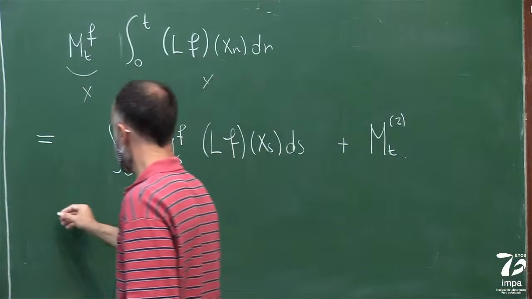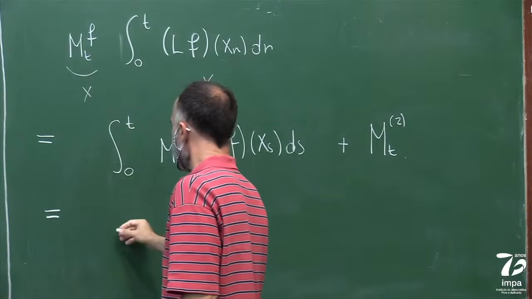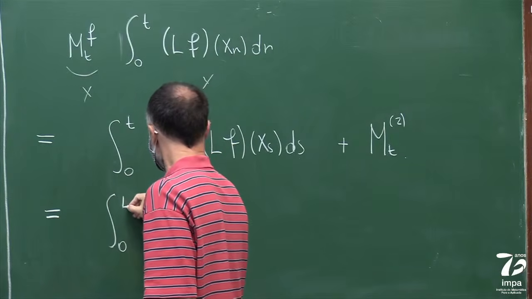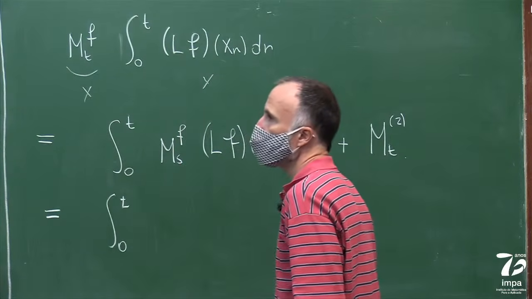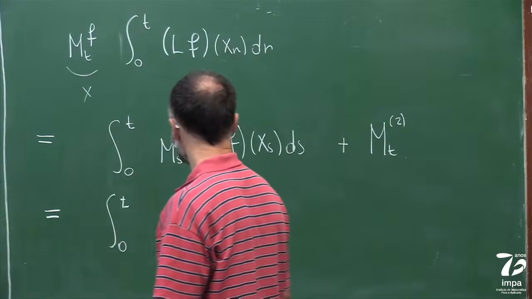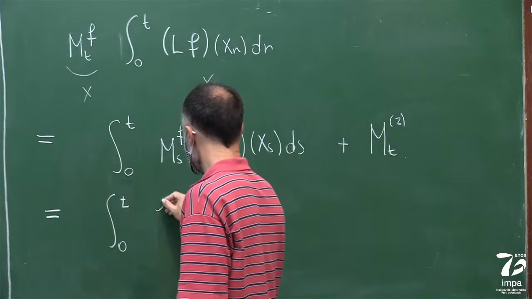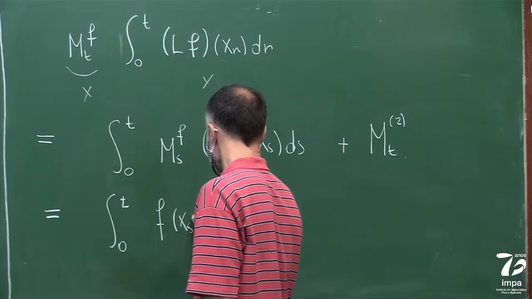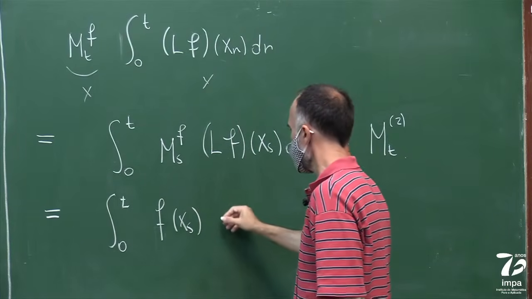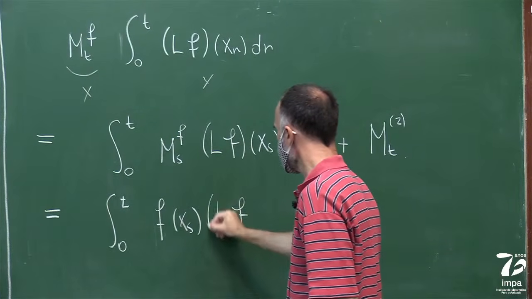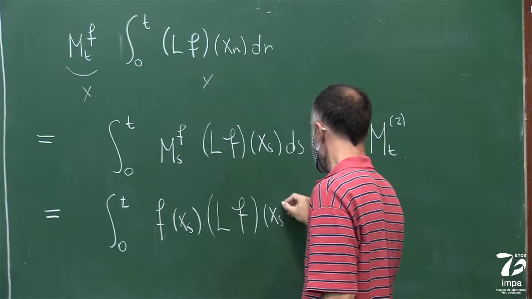And now recall what M^f is. I gave you the formula over there. So this is f(x_s) multiplied by Lf(x_s) ds.